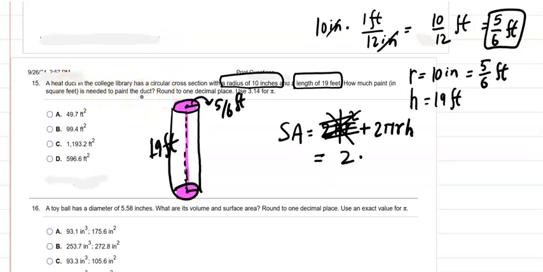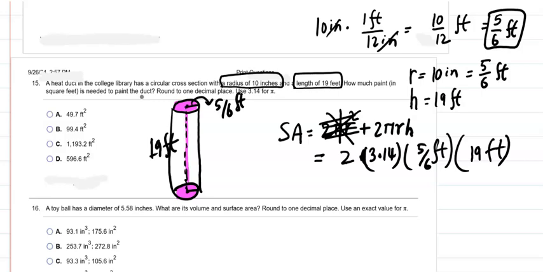2, and pi is going to be 3.14. That's given. 2 times 3.14 times r, which is 5 over 6 feet, multiplied by 19 feet. So you get feet squared, because feet multiplied by feet.